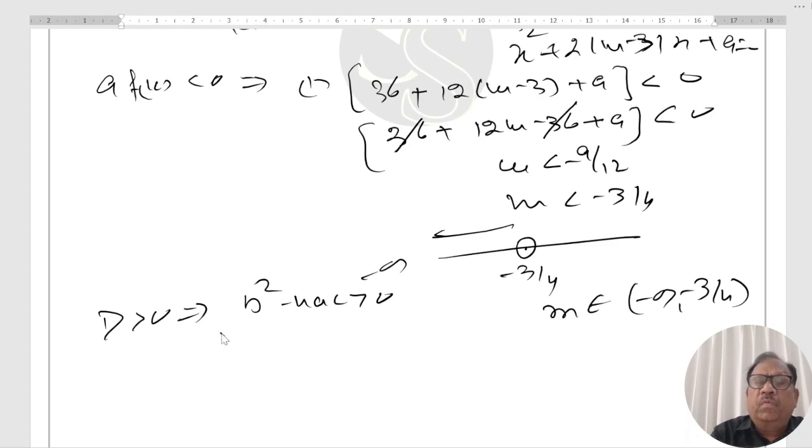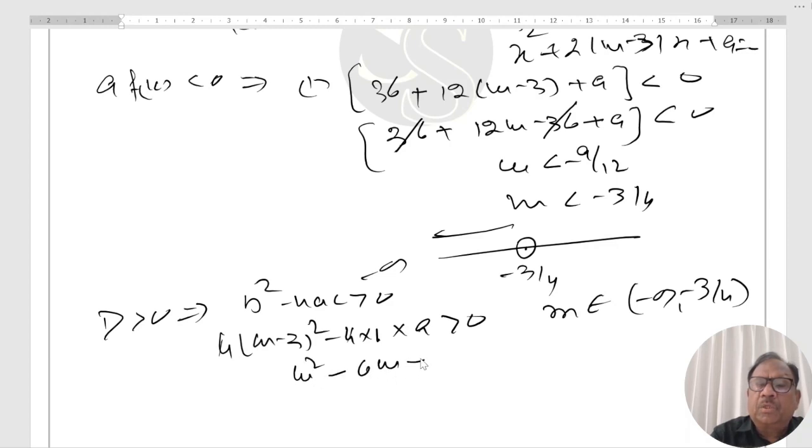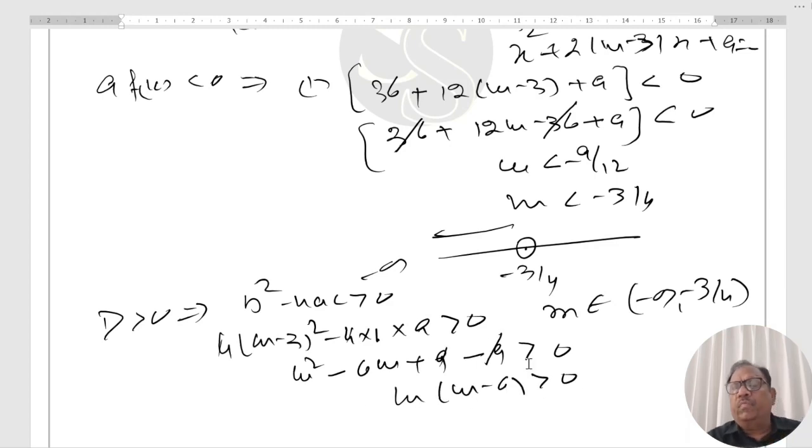B square 4 m minus 3 whole square minus 4 into 1 into 3 9 greater than 0. This 4 this 4 goes m square minus 6m plus 9 minus 9 greater than 0. This goes m minus 6 greater than 0.